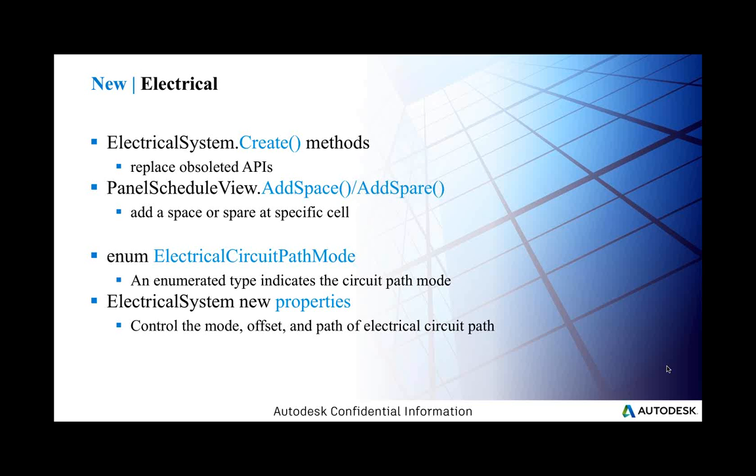There are add space and add spare methods on the panel schedule view to add spaces or spares at a specific cell. An enumerated type, the electrical circuit path mode, indicates the circuit path mode, and there are new properties on the electrical system to control mode, offset, and the path of the electrical circuit path.